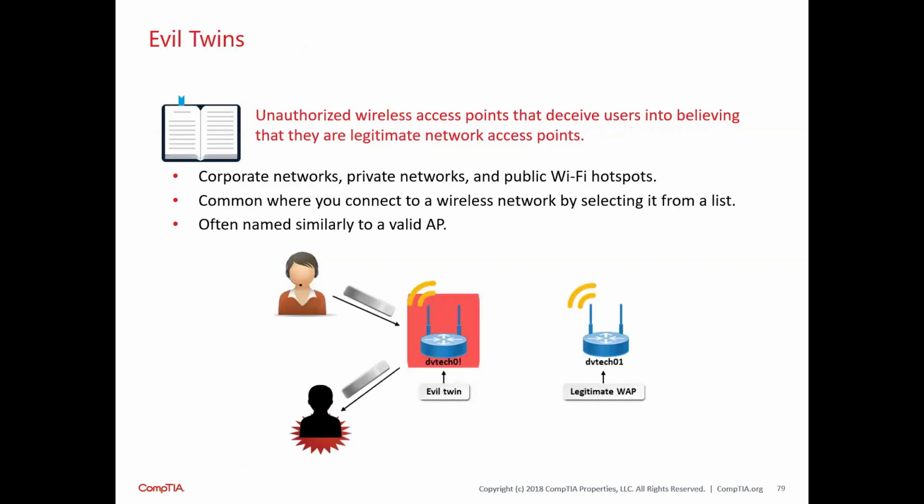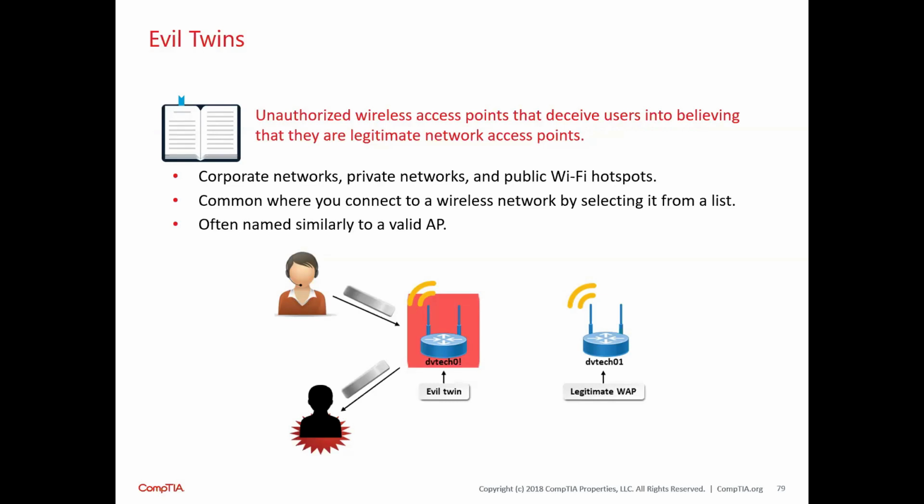Now, evil twin is also related to this Wi-Fi: an unauthorized wireless access point that deceives users into believing that it is a legitimate network access point. So you can set up a very simple Wi-Fi hotspot by using the same name. For example here, one is DV Tech.